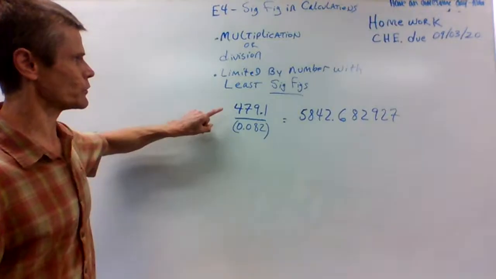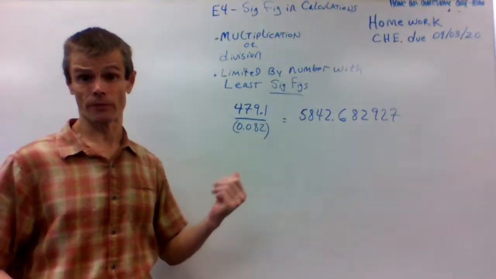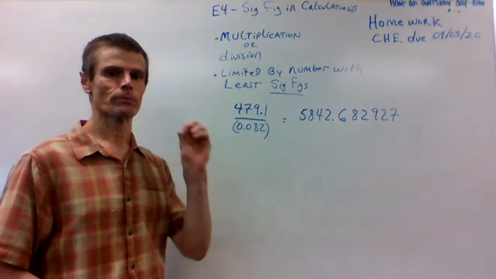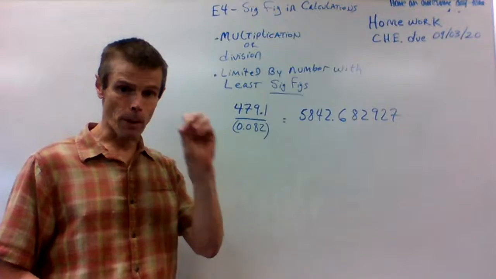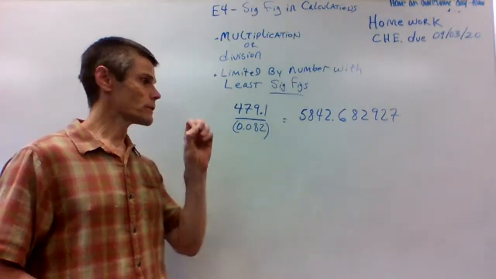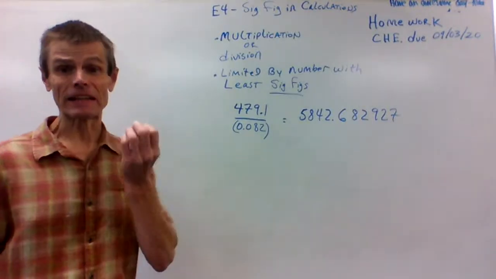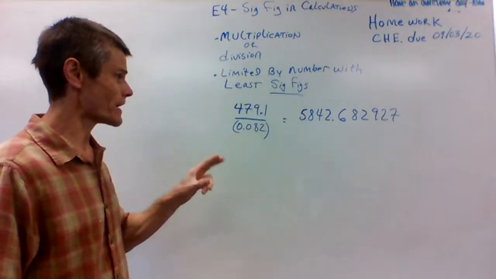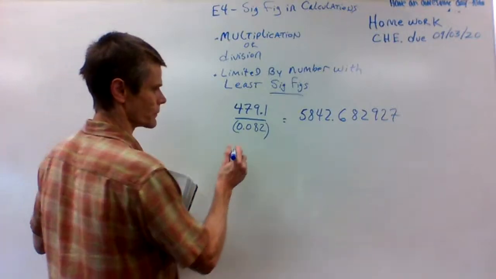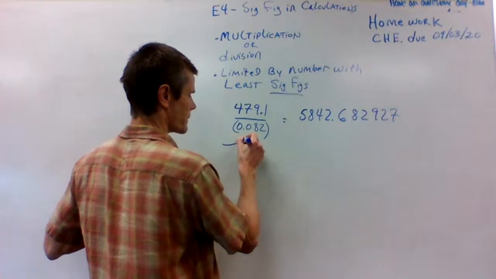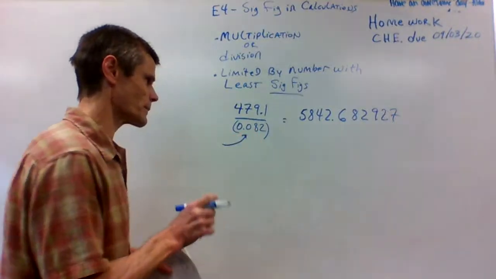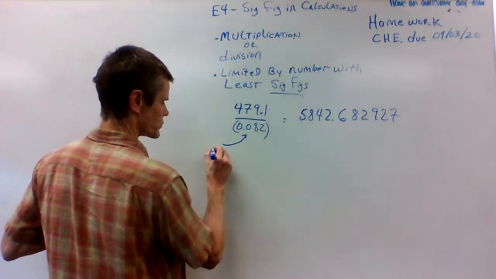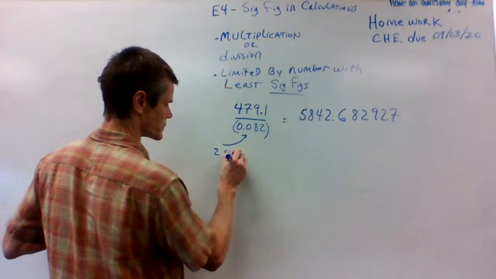In this case, when we do multiplication or division, such as in this example, we're limited with our answer by the number that has the least number of significant figures. The number that has the least number of significant figures is the number in the denominator. 0.082 has only 2 significant figures.